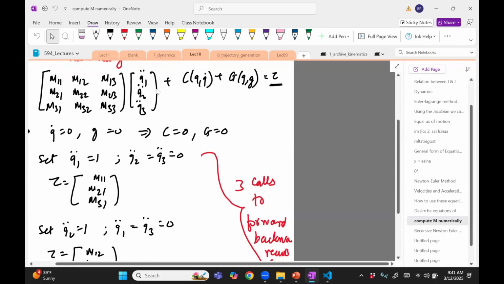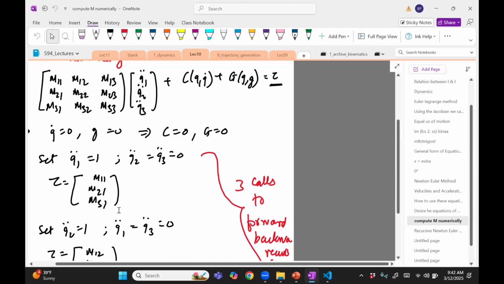So I send in 1 0 0 in that forward backward recursion, and of course put q dot as 0 and g equals 0, so those terms cancel off. I did it here, and what comes out for torque is the first column of the mass matrix.